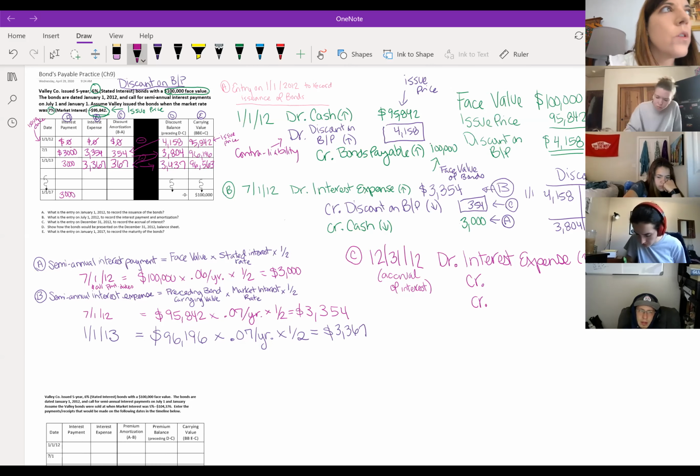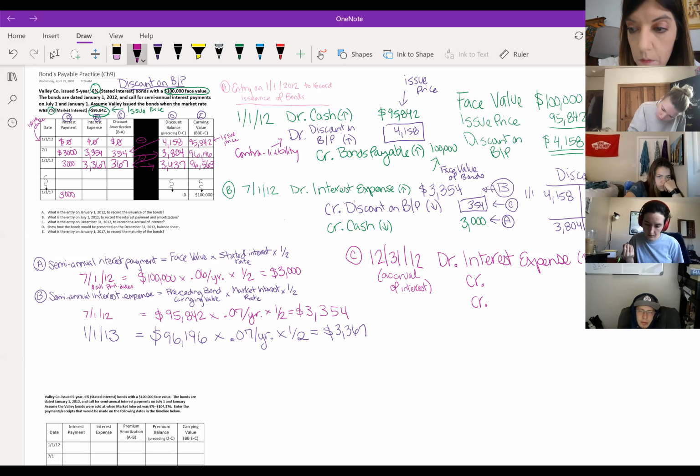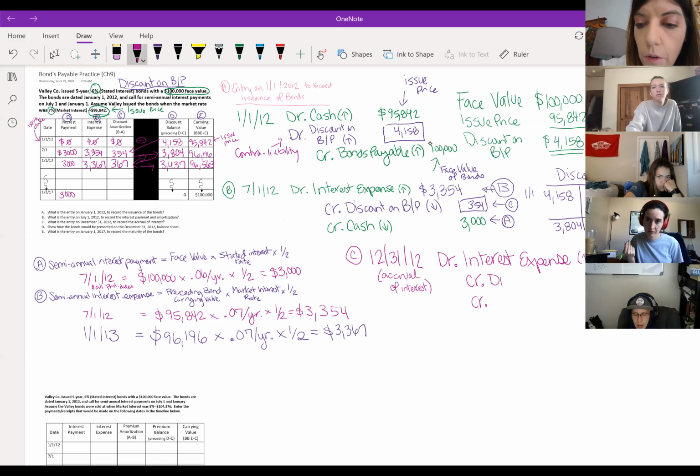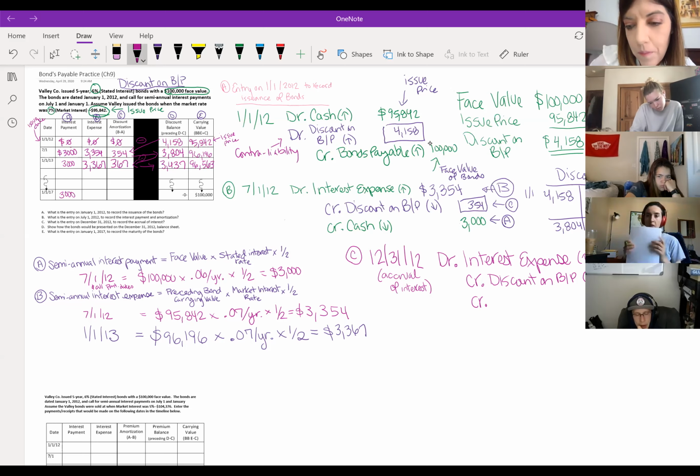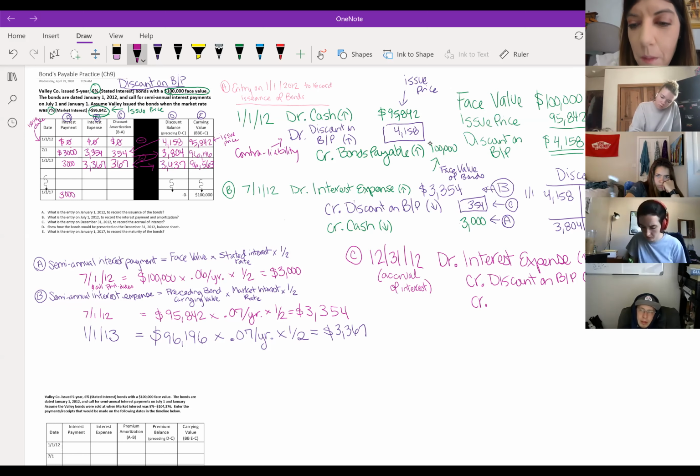First credit, because we'll go a little bit different: discount on bonds payable. Correct. So now we're taking into account the amortization. We're reducing the discount on bonds payable for 367, which was from column C. And the last credit: not cash. We're not going to pay it out until January 1st. Interest payable. I'm not going to pay out cash earlier than we have to.